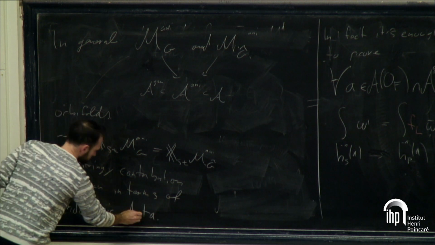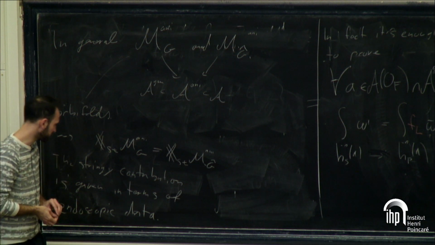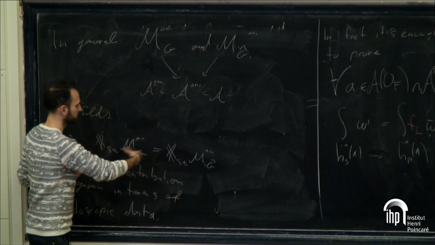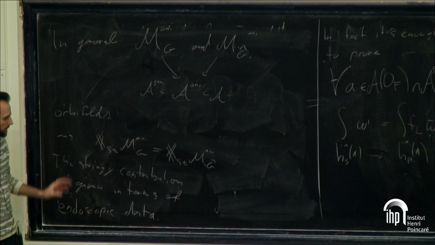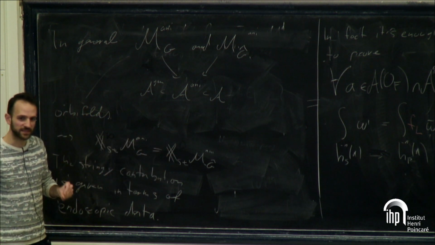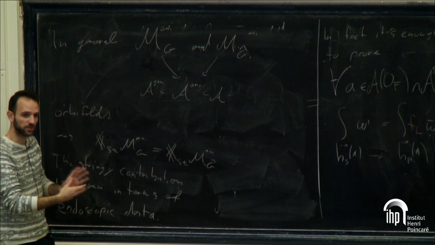So this was remarked also by, I think, physicists, like in the paper of Frenkel and Witten, but this has never really been spelled out, but sort of the automorphisms come from endoscopic data. And by introducing again some red things here and here, you can isolate certain parts of each side and compare them.